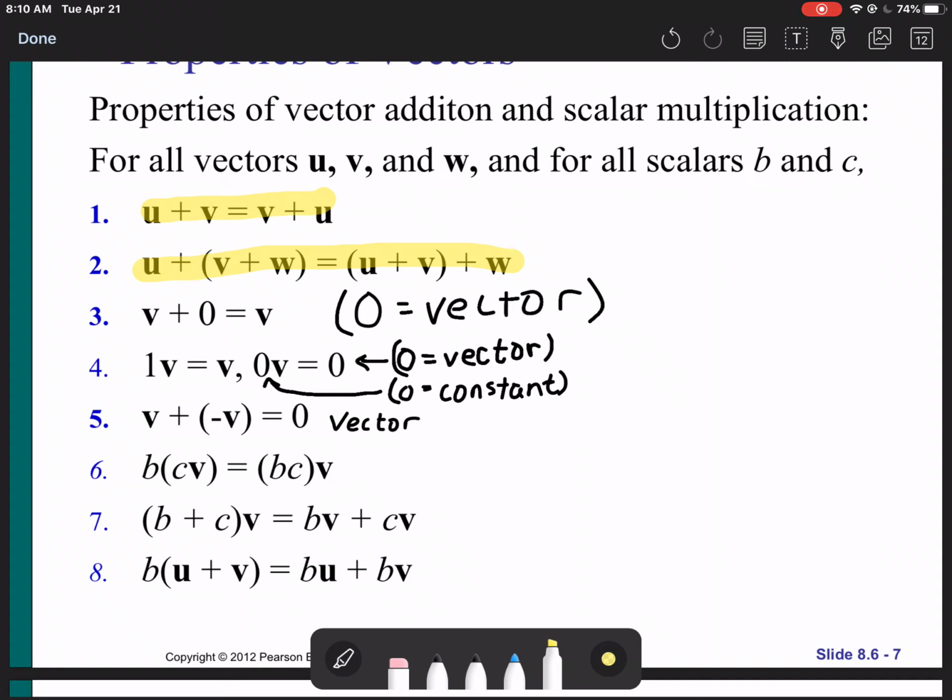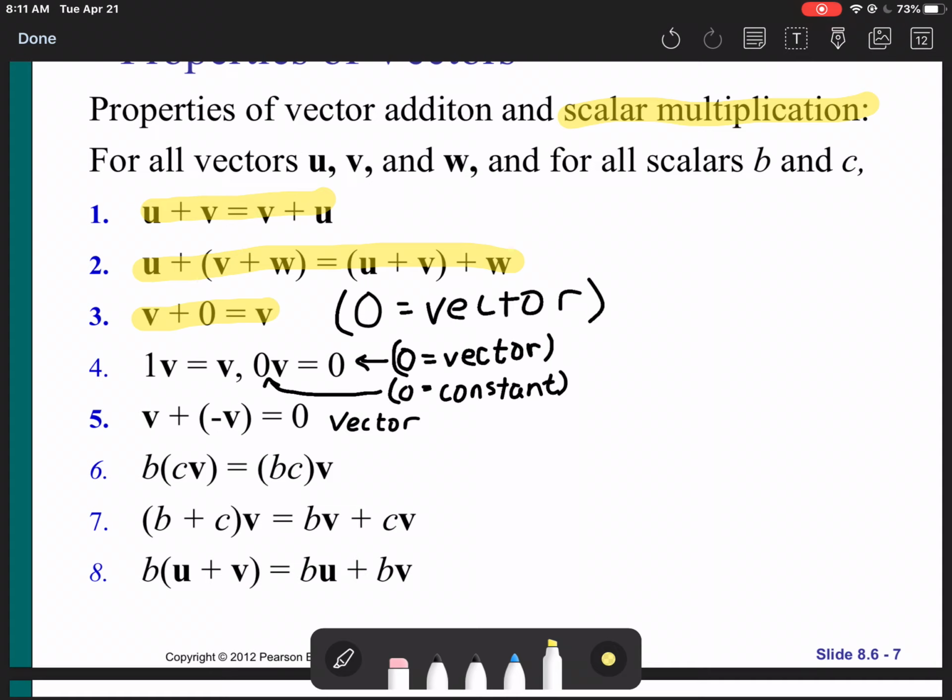Now you have to be a little careful with numbers 3, 4, and 5, because I'm using 0 in different contexts here. Number 3 is the vector v plus 0. When I'm adding, I can't add a vector and a scalar. We talked about scalar multiplication, where I can multiply a vector times a scalar quantity, but there is no such thing as adding a vector and a scalar.